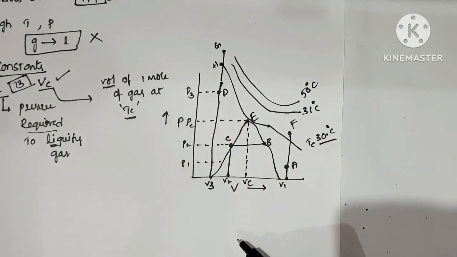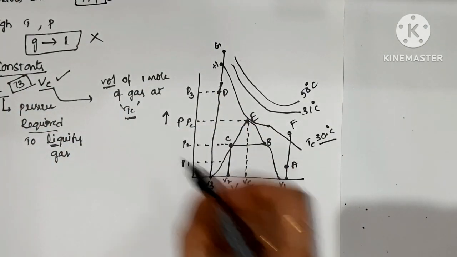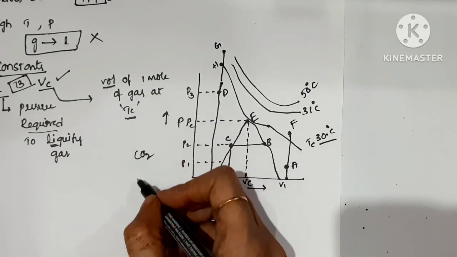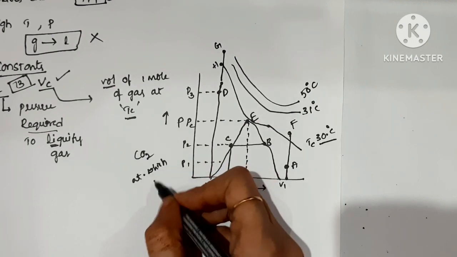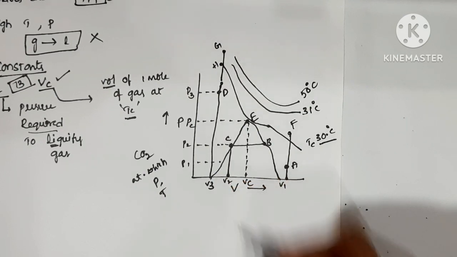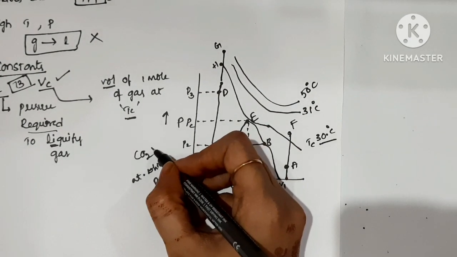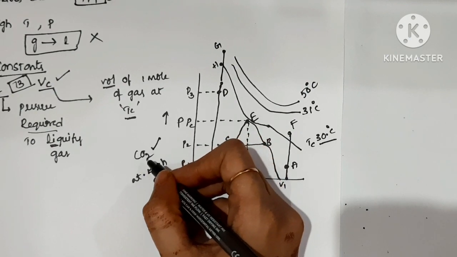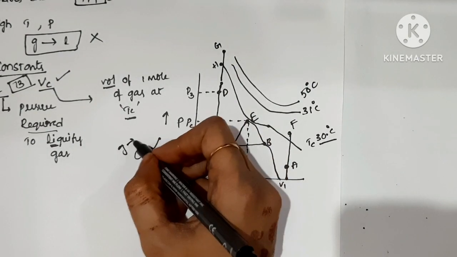This graph shows at which pressure and which temperature CO2 gas changes its state from gaseous state to liquid state, gas to liquid, right?